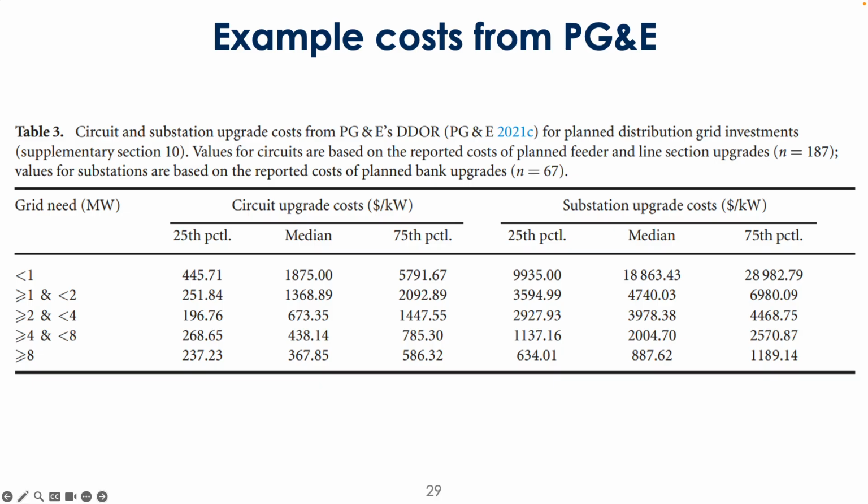This is your circuitry level, so thinking about the wires and transformers, and then the substation. If you're hitting limits of capacity at the substation, you need more, let's say, transformers at the substation. So those are going to be quite a bit more expensive.